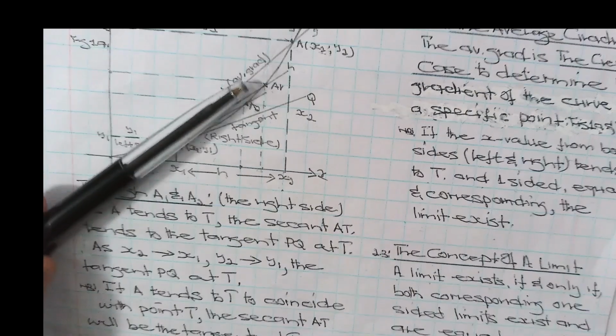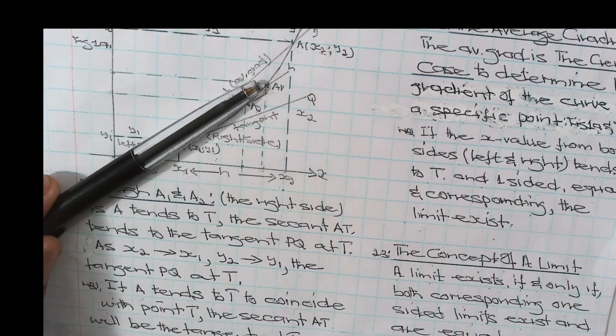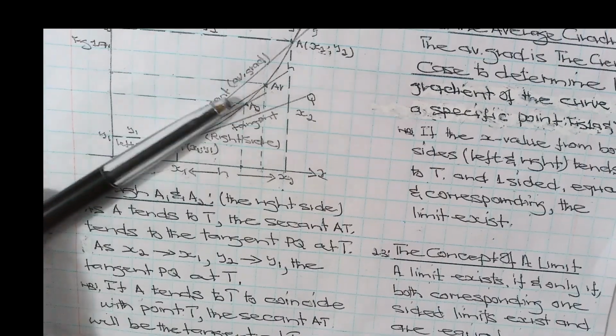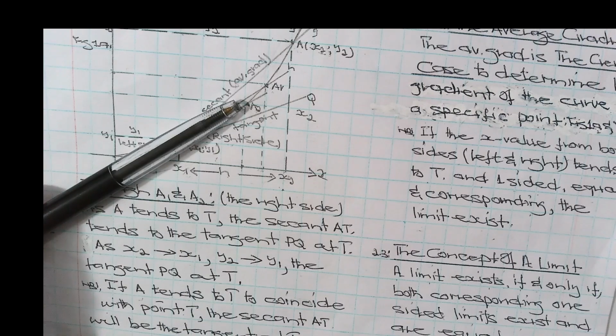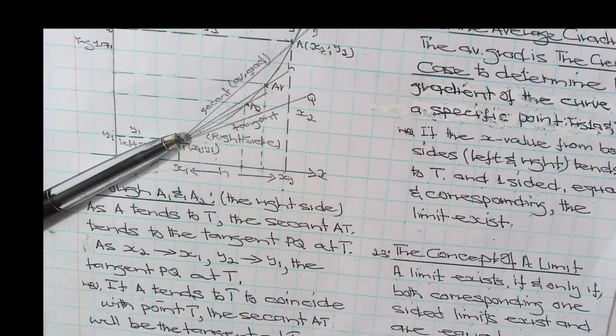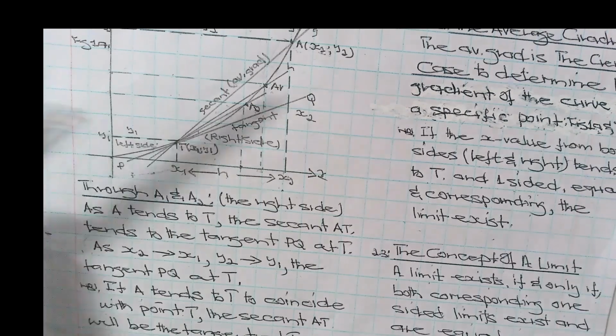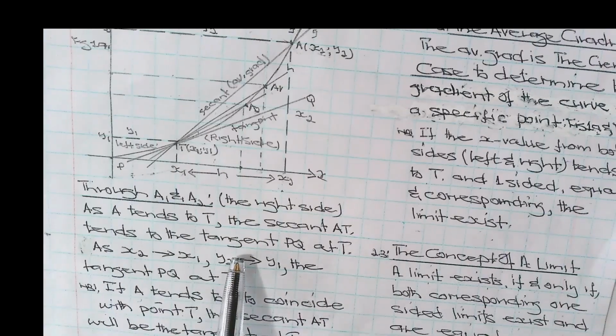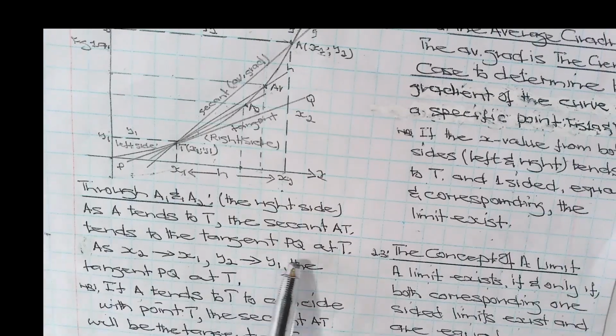The secant AT becomes A1T, becomes A2T, and so forth up to T. And then at T, there is the tangent PQ.